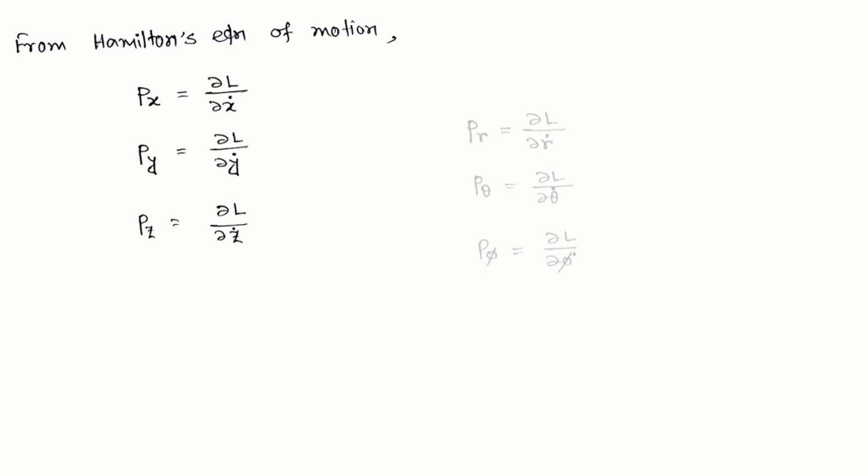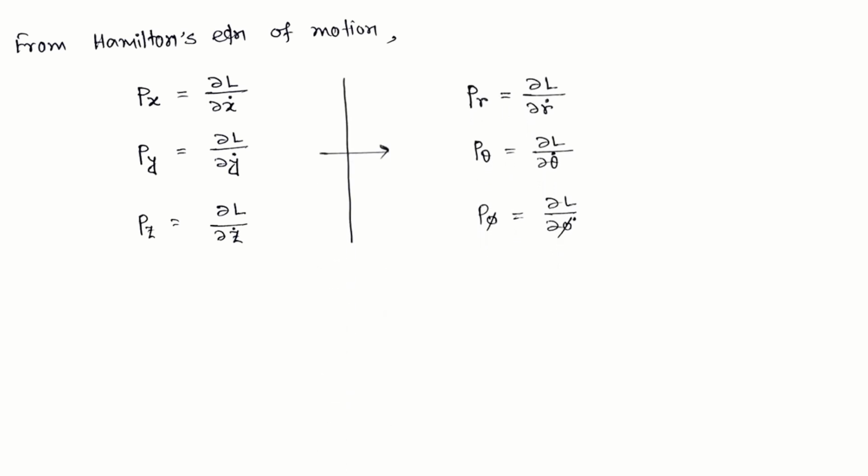From that, we can write for Cartesian coordinates as well as for spherical coordinates, because the Hamilton's equation of motion is the general one. So from that we can generate any sets like Cartesian, cylindrical, spherical, which we want.